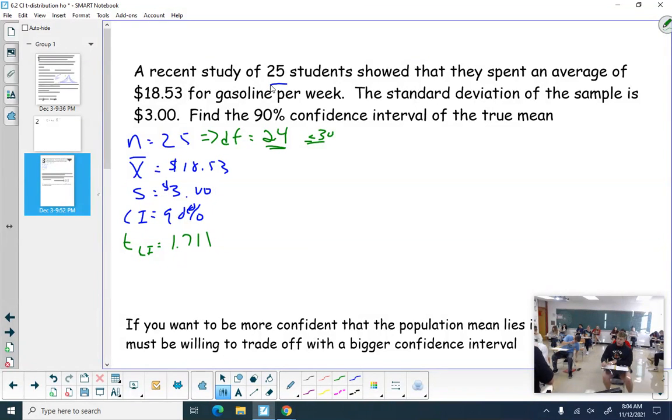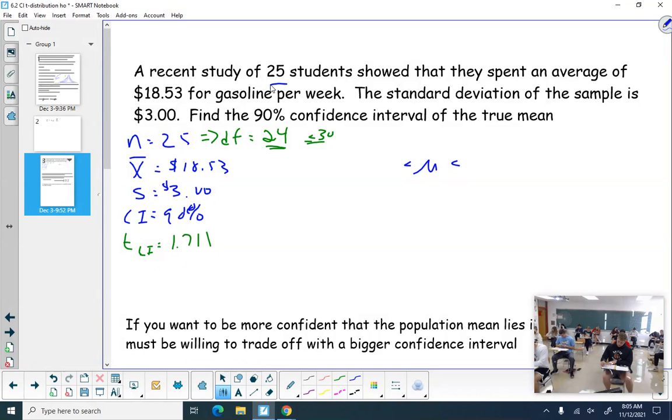Anybody having difficulty finding that from the table? So we're talking about our true population mean now. We're going to be 90% confident we're somewhere in between two values.